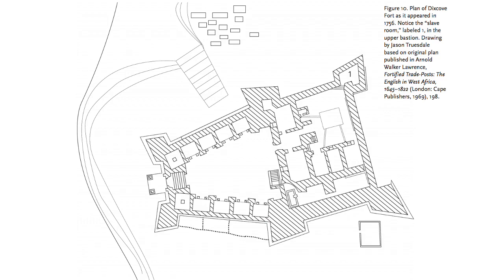Now that you've done so, the small space designated to hold the captured human beings in this space is labeled number 1 above. It could in fact hold less than 10 people at a time. Now this makes this space no less horrifying, as one enslaved person is way too many.